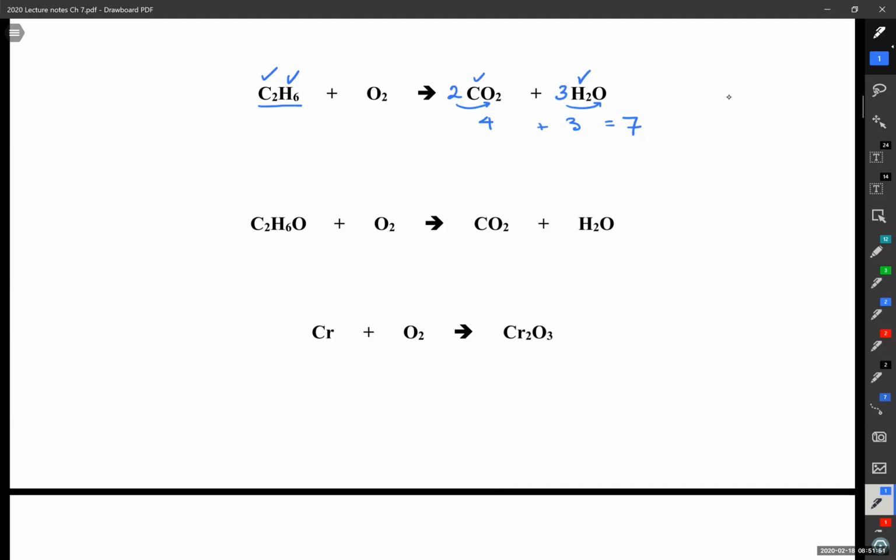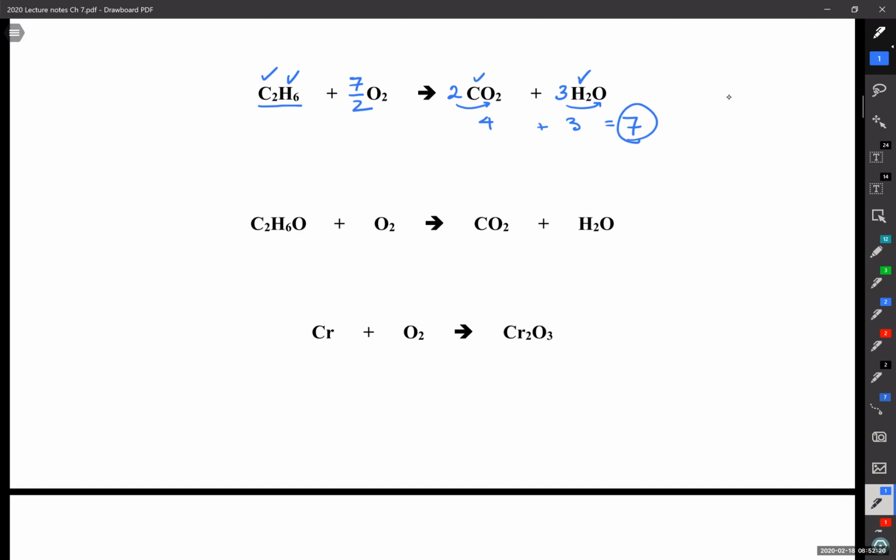Here's the other way. You have to have whole numbers. Just like atoms, you can't have half an atom. You can't have half a molecule. But just for the sake of balancing, when you need 7 of these, I do this. 7 over 2 is 3.5, and 3.5 times 2 is 7.